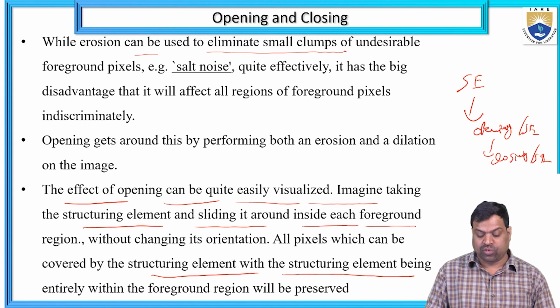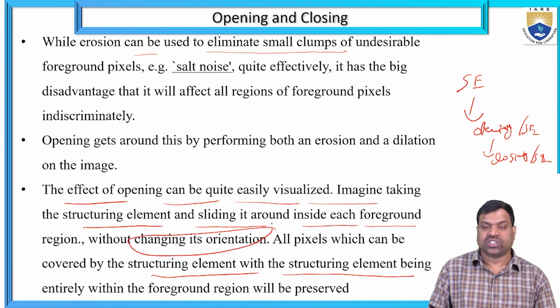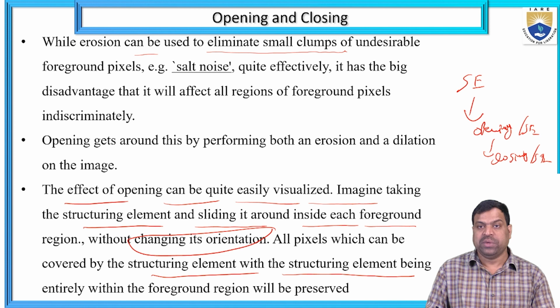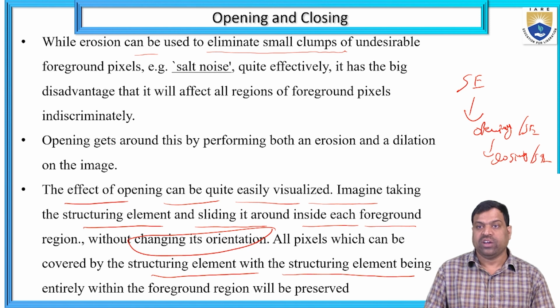The effect of opening can be quite easily visualized. Take the structuring element and slide it around inside each foreground region without changing its orientation. We are not changing any orientation, but we are improving the image, whitish or black colors are changed with respect to the SE.